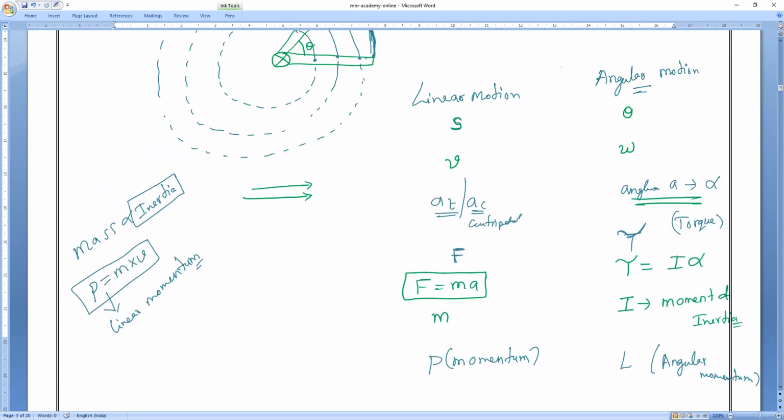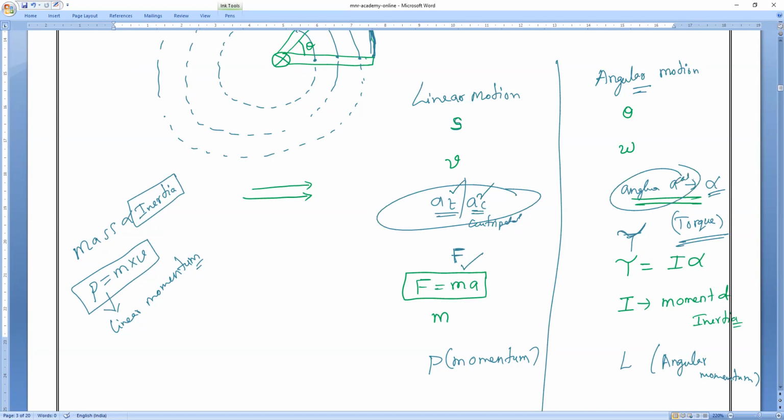Many symbols you will get in this chapter: distance, angular distance, velocity, angular velocity, acceleration, angular acceleration. Acceleration is of two types, tangential acceleration and centripetal acceleration. Next, force. In rotational motion, torque: F is equal to ma, here I into alpha, moment of inertia into angular acceleration.